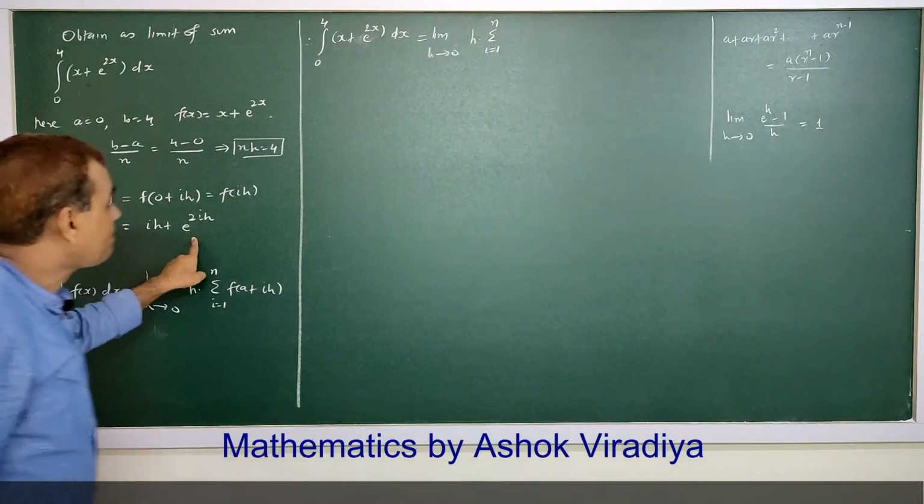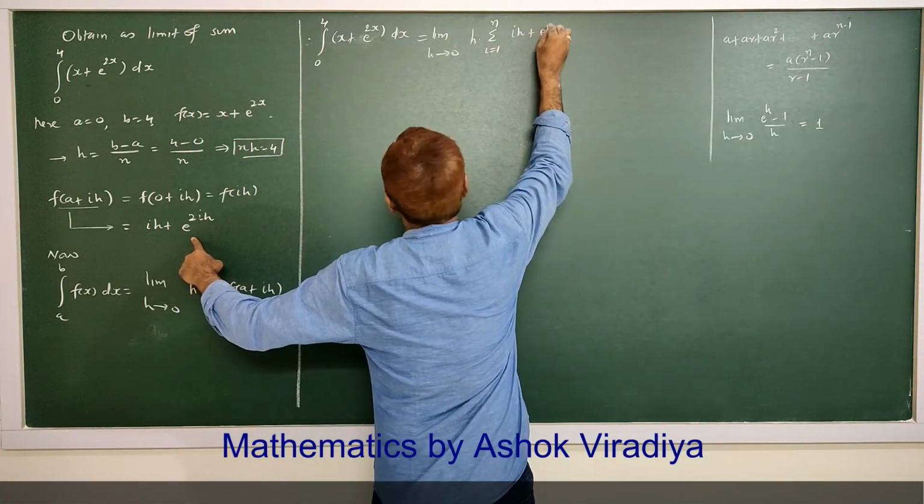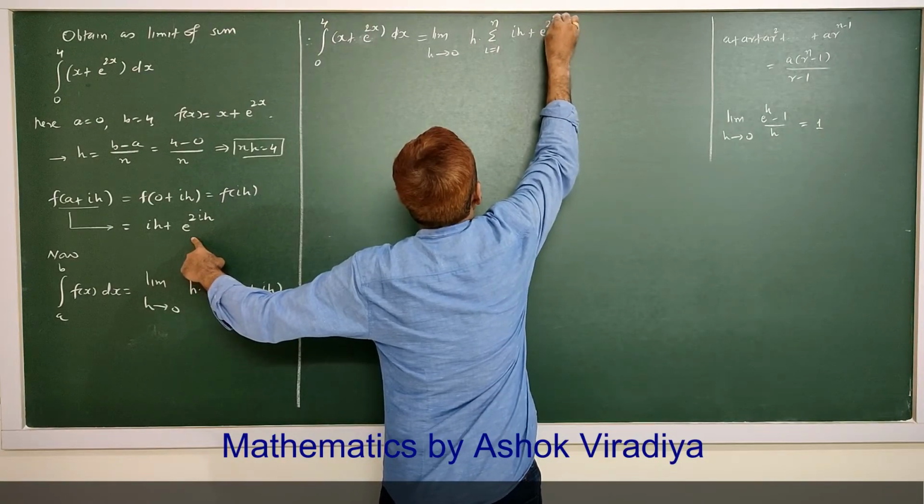So this is f of a plus ih, which is ih plus e raised to 2ih.